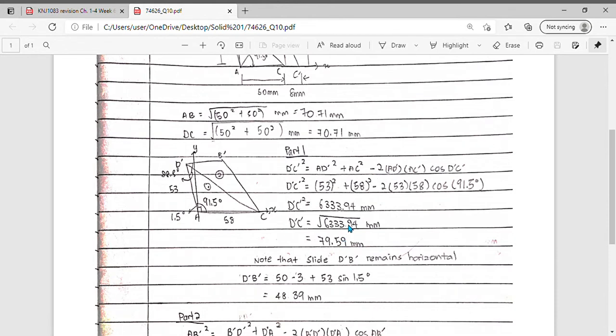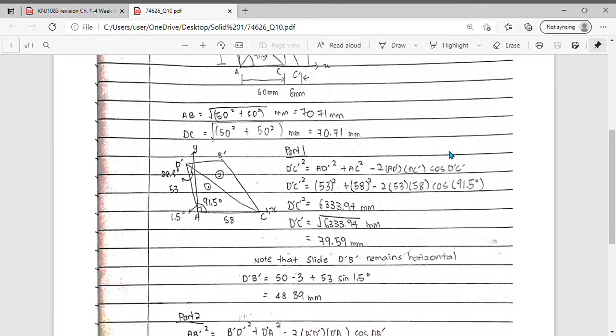I use the cosine law method to find the diagonal length of D prime C prime. The formula is D prime C prime squared equals AD prime squared plus AC prime squared, minus 2 times AD prime times AC prime cos D prime C prime.